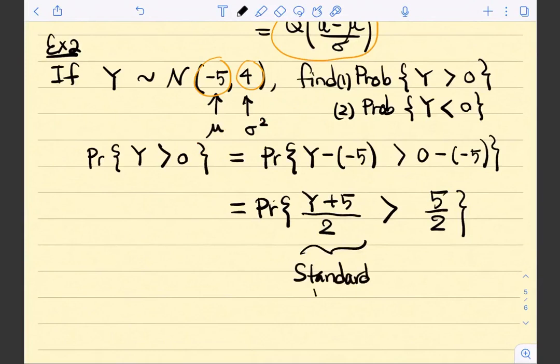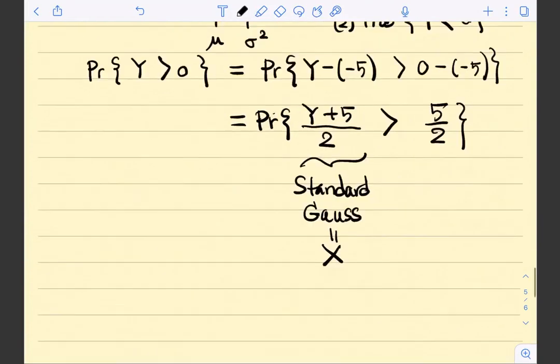So now this is a standard Gaussian. In terms of standard Gaussian, we want it to be bigger than 2.5. So again, if I draw the standard Gaussian PDF, this is 0, this is 2.5.